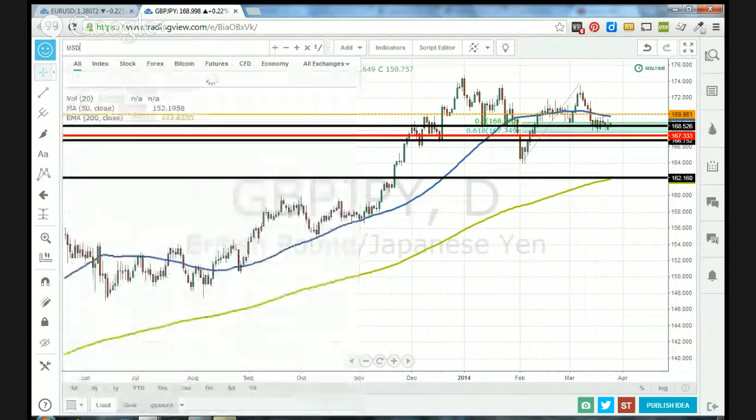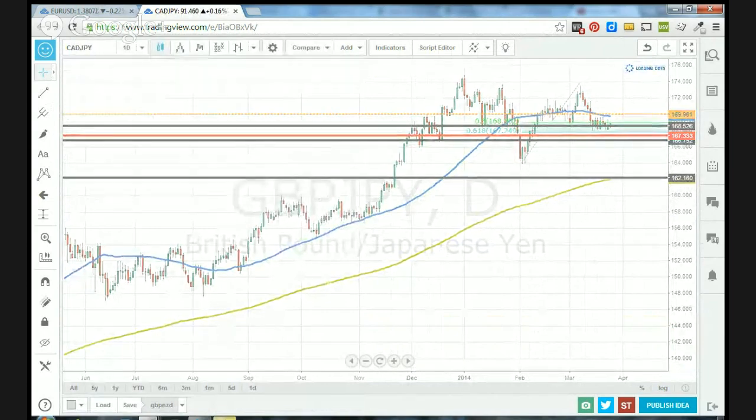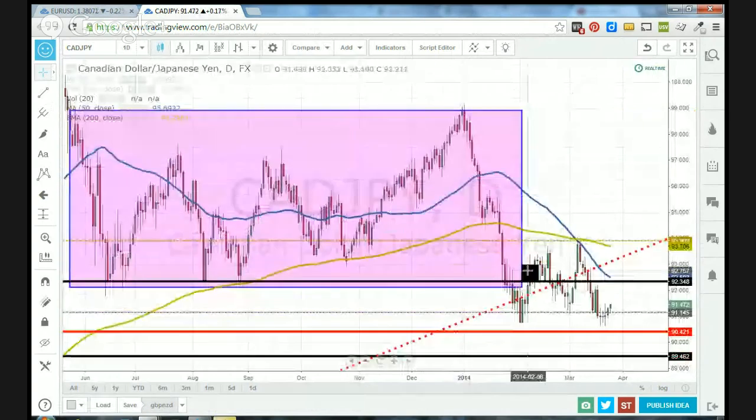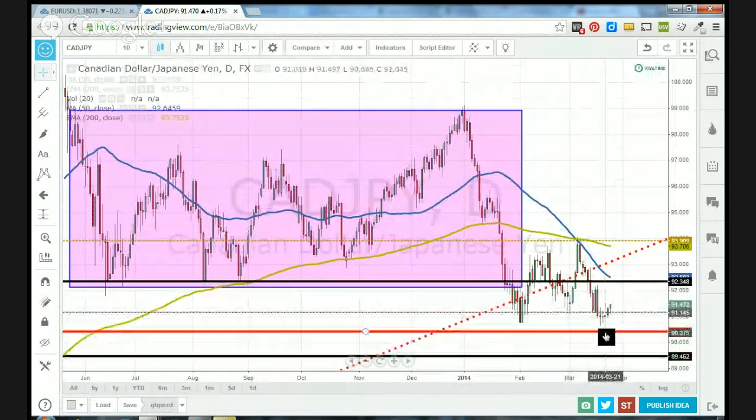And what's the other one? Canada yen. Okay, this is encouraging. Now I entered at the black line, so this position is still out of the money, but it is encouraging that now my stop is at this red line here.